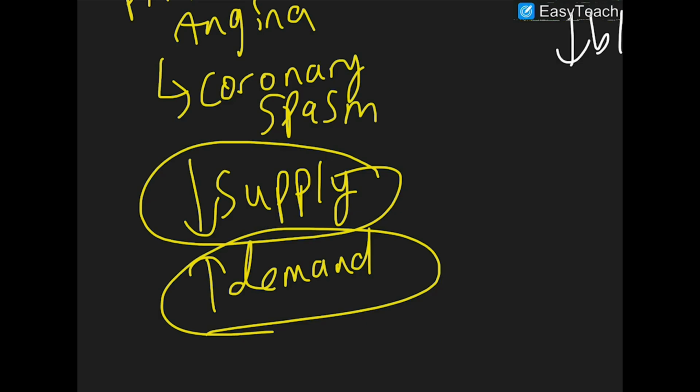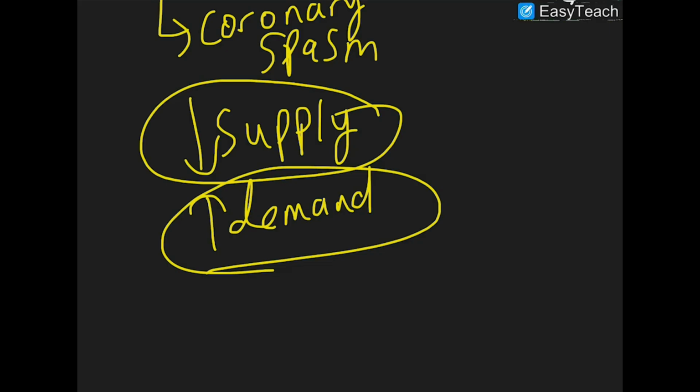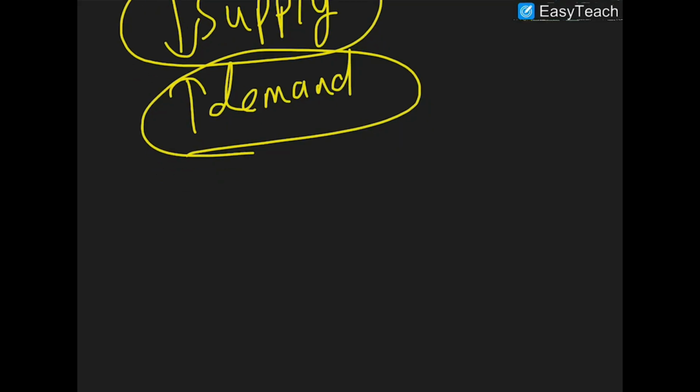Then that nitric oxide can stimulate guanylate cyclase, leading to the production of cyclic GMP and protein kinase G, which stimulates myosin light chain phosphatase, leading to vasodilation. And that's what nitrates can do to your coronary arteries, specifically your epicardial arteries. So it's going to help vasodilate.